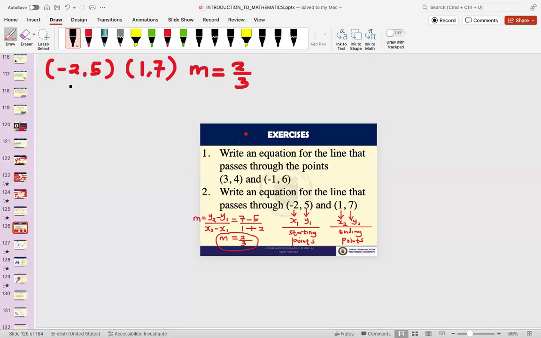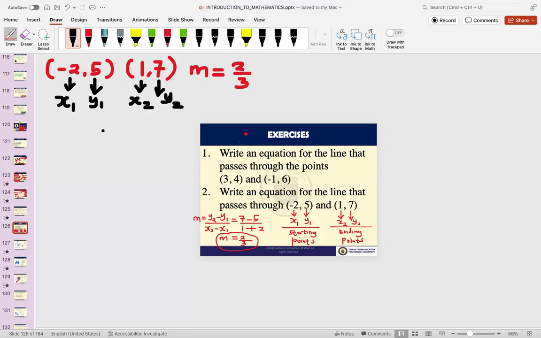So we can now confidently say that this is our x1, starting point of x. This is our y1, starting point of y. This is our x2, ending point of x. This is our y2, ending point of y.